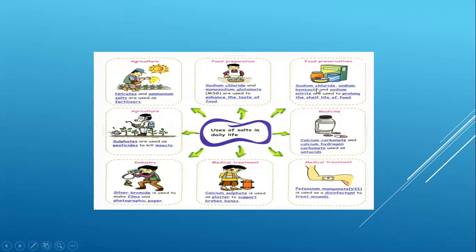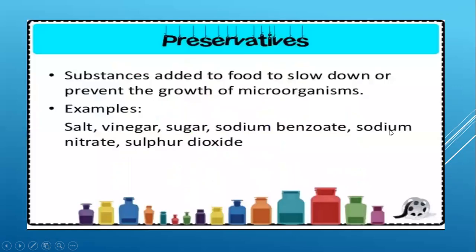The next is food preservatives. Sodium chloride, sodium benzoate and sodium nitrite are used to prolong the shelf life of food. Sodium chloride and monosodium glutamate are used to enhance the taste of our food. The next are preservatives.